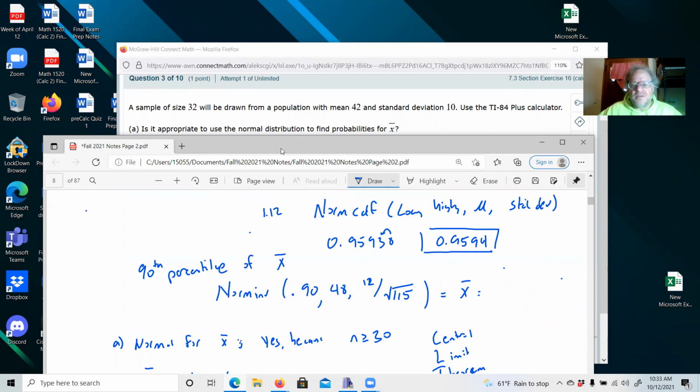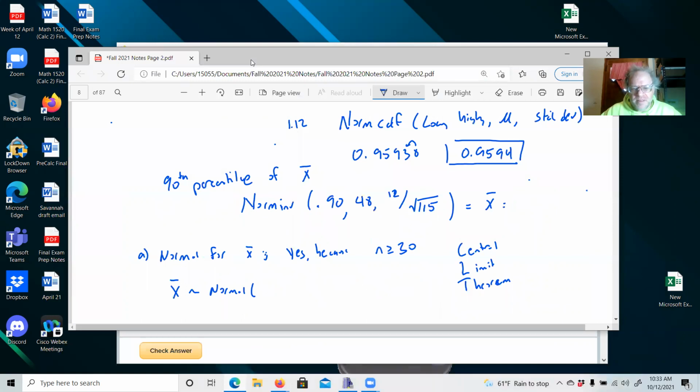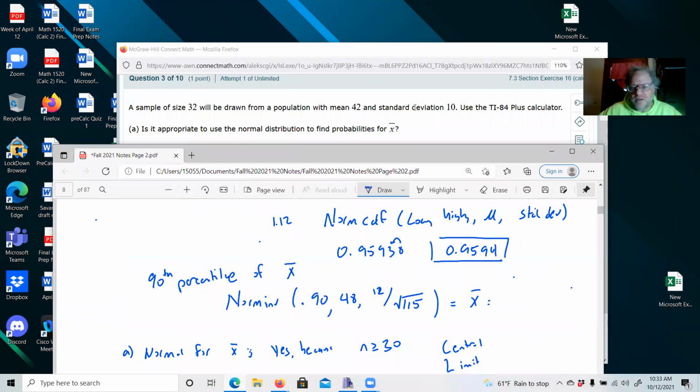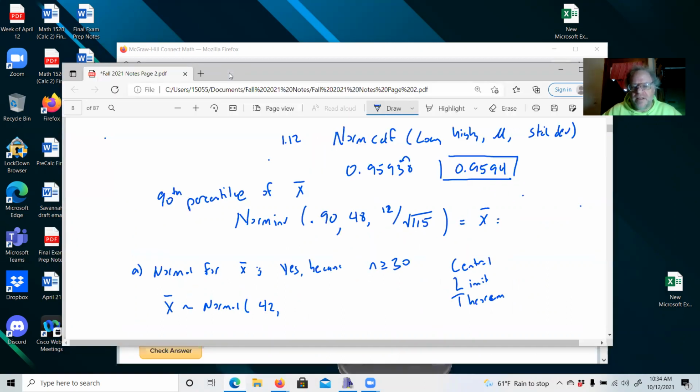So mean 42. And then we have a standard error, the standard deviation for x bar, that's called standard error. I'm not going to quiz you on that, by the way. Standard deviation is 10, sample size is 32. So we have a standard deviation of 10 divided by the square root of 32. That's my sample size.